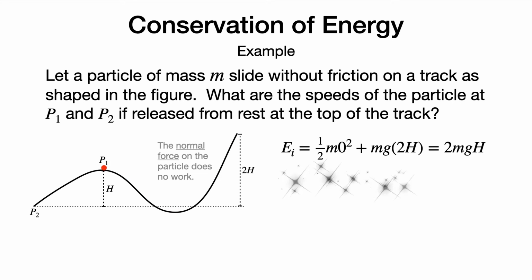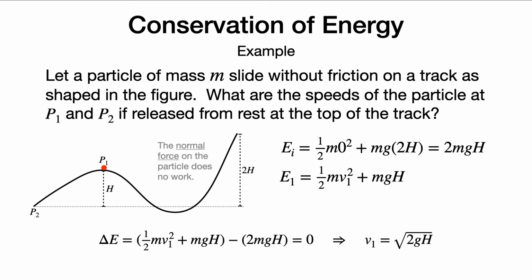As the object moves towards point 1 along the track, it will now have some kinetic energy, and we know the potential energy at this position on the track. It's simply mgh. And so by conservation of energy, we can say that the energy initially is equal to the energy at E1, and that gives us that the speed at position 1 is given by the square root of 2gh.